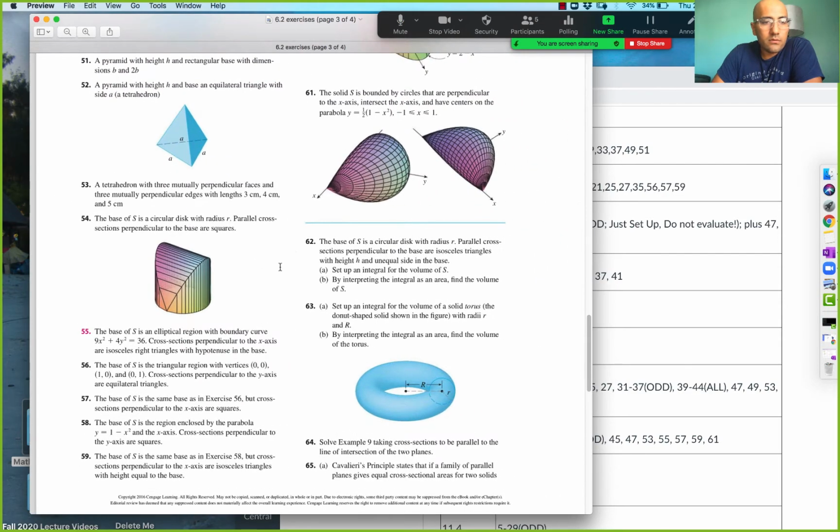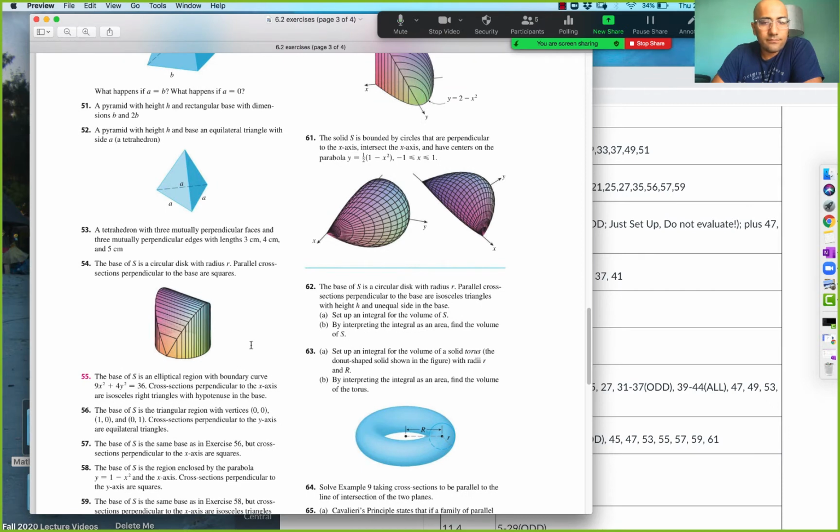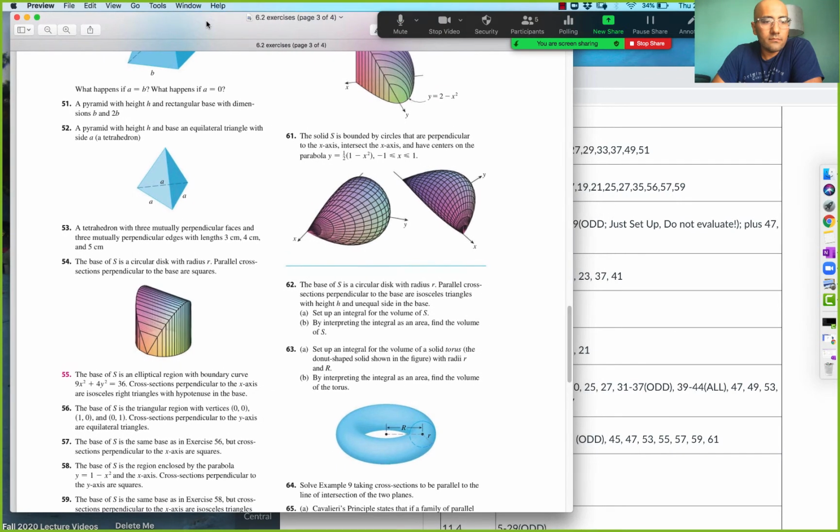So how do we do these? I think there's some nice graphics in the book for this.